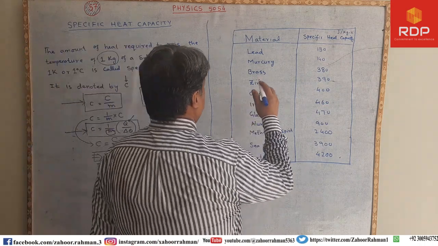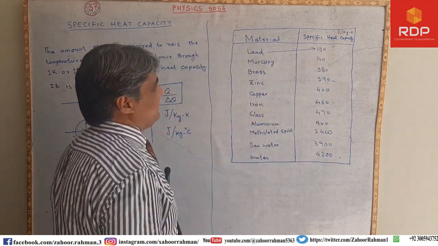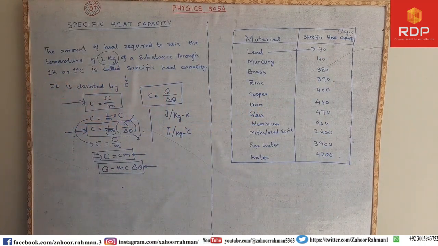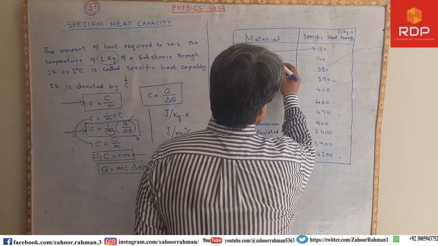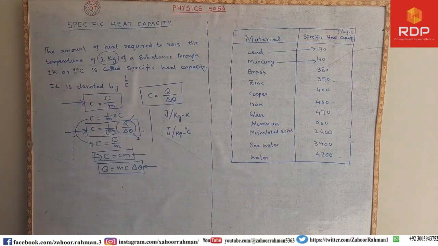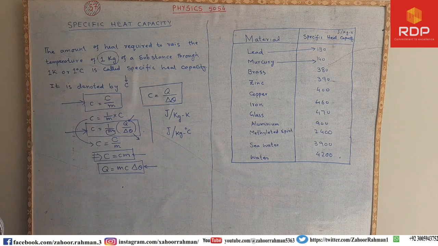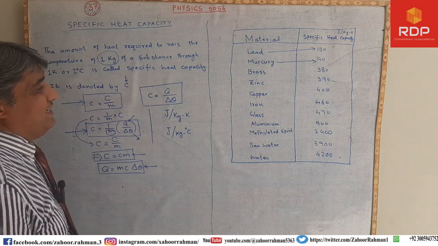For example, lead is having 130 joule per kilogram per Kelvin. Similarly, mercury is 140. So what do you think, who will give you the rise in temperature quickly, lead or mercury?